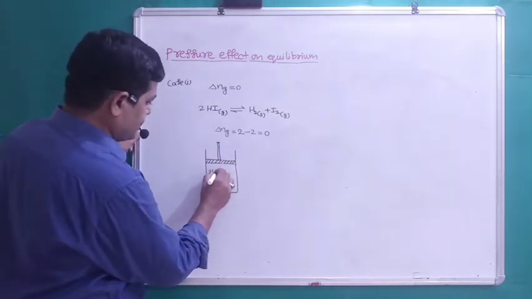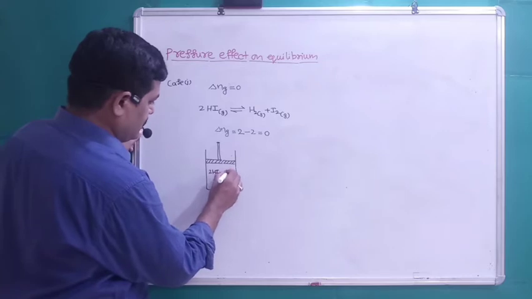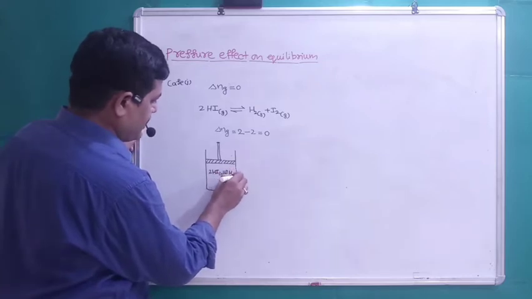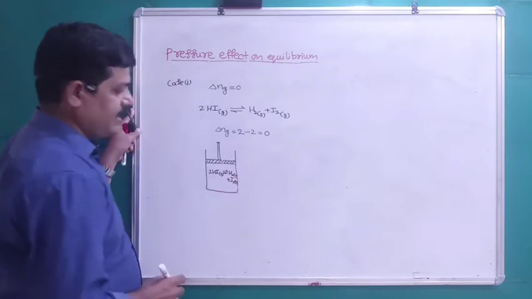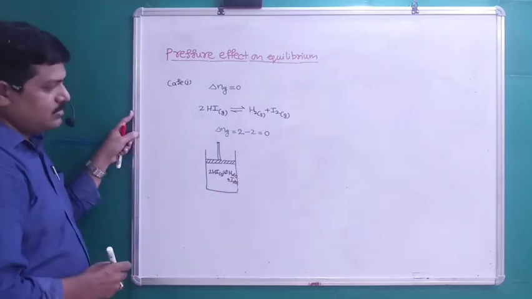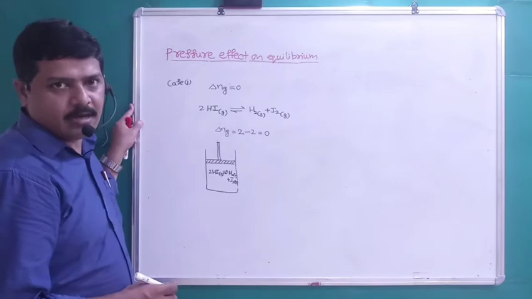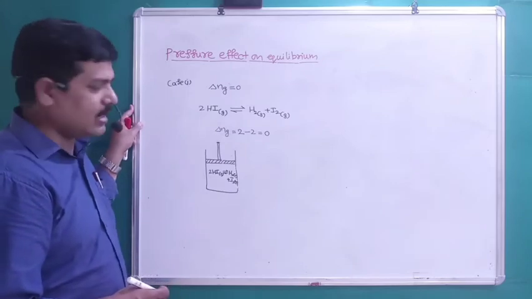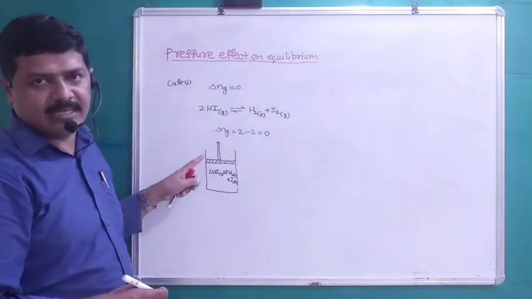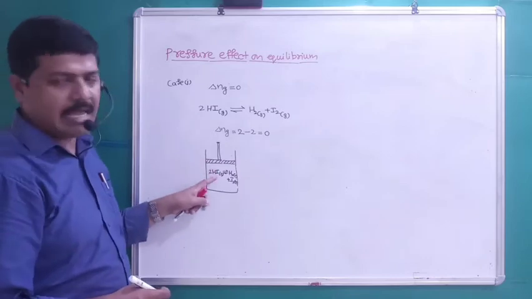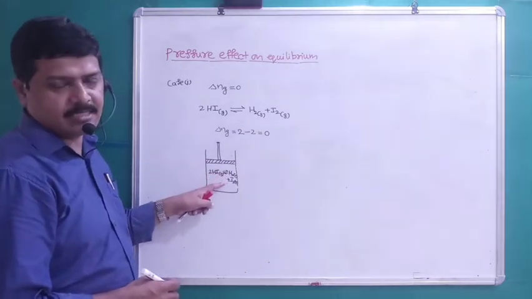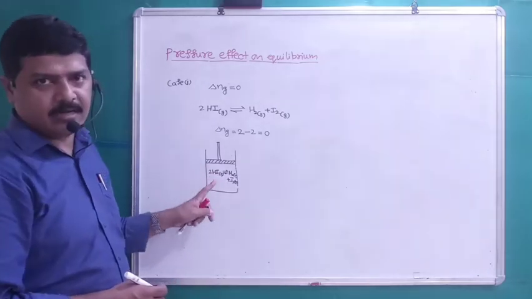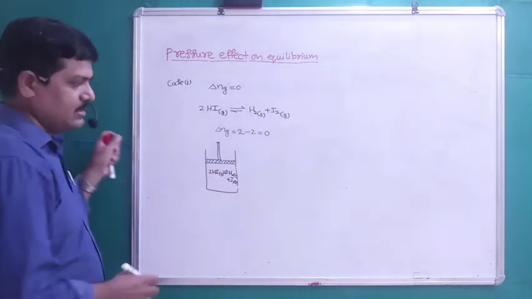2HI gas gives rise to H2 gas plus I2 gas, which is already in equilibrium, right? Generally, Dalton's law of partial pressure cannot be applicable for reacting gases, but there is one exception. For the equilibrium reacting gas mixture, we can apply Dalton's law of partial pressures.